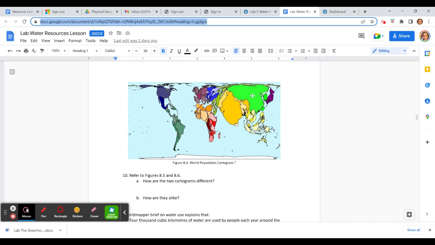China has the world's largest population, followed by India. The United States has actually the third largest population, but China has 8 times the amount of people as the United States.